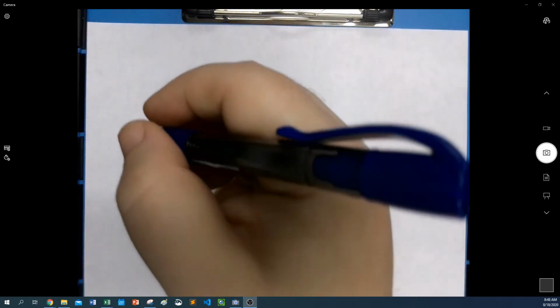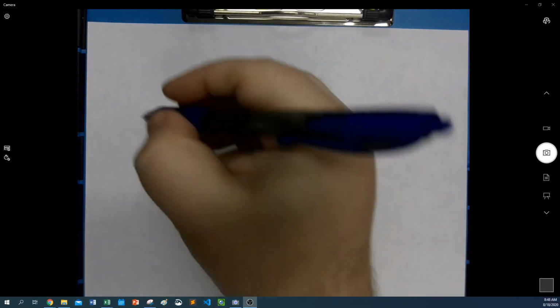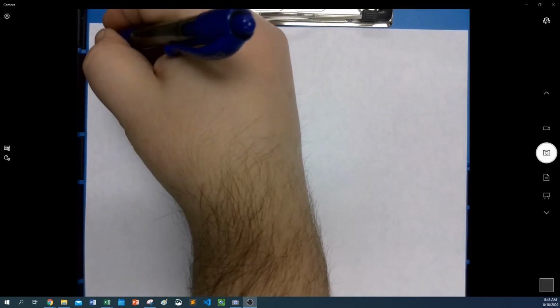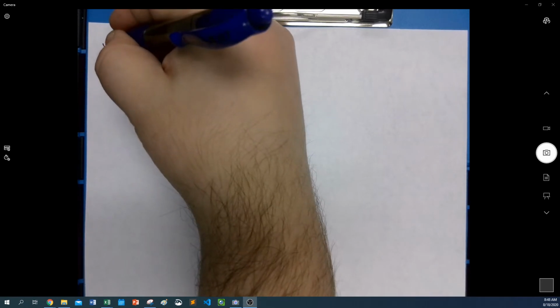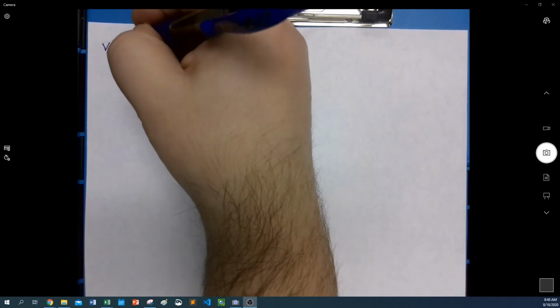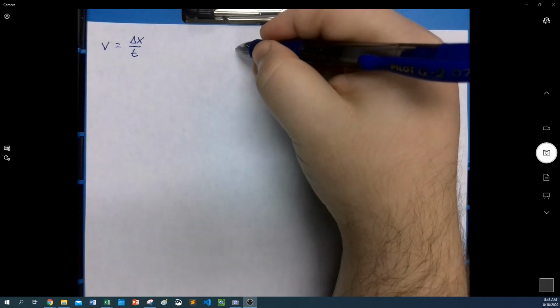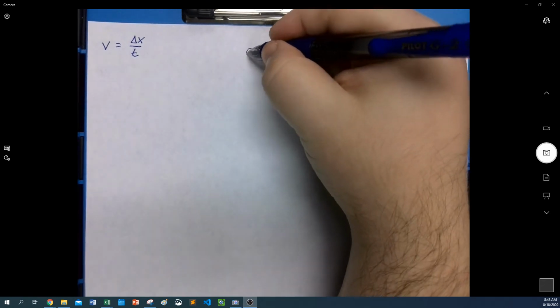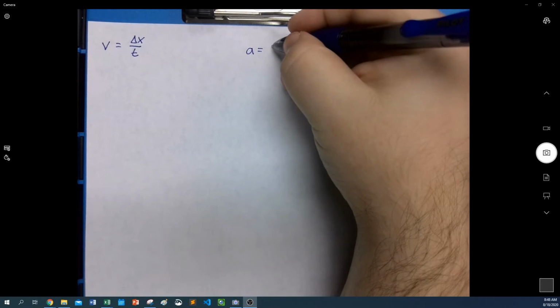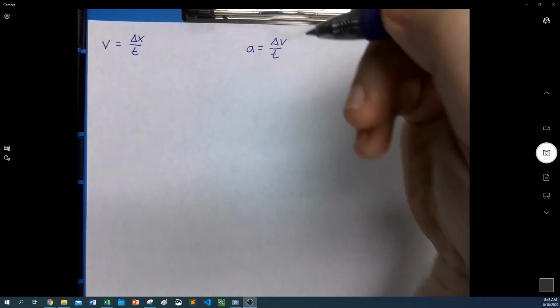So yesterday, we began looking at velocity and acceleration. We saw that velocity is equal to the change in position or distance over time. We saw that acceleration is going to be equal to the change in velocity over time.